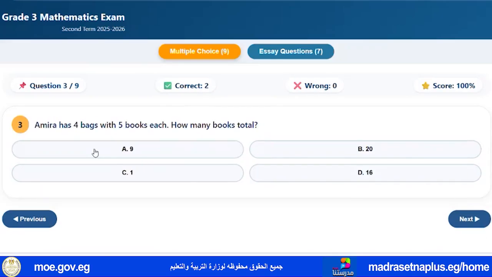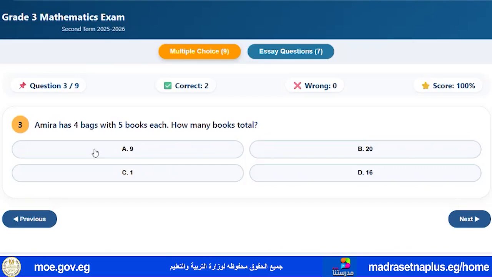Amira has 5 bags with 5 boxes each. How many boxes in total? This problem is what? Adding, subtracting, multiplication, or division? 5 bags, each bag has 5 boxes. This is a multiplication process. That means we have 5 and 5 and 5 and 5.